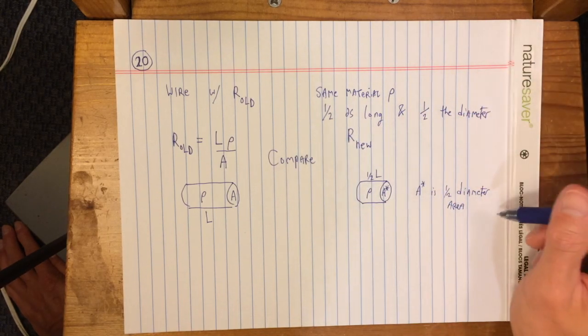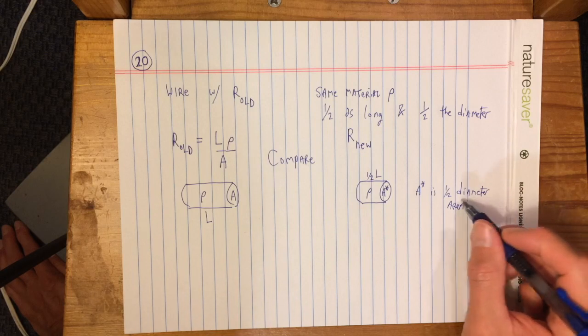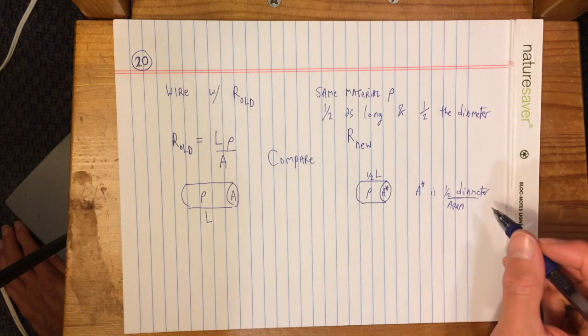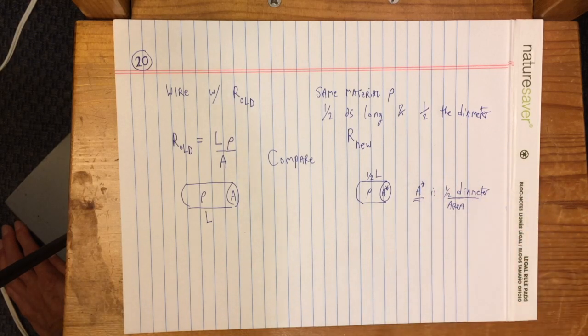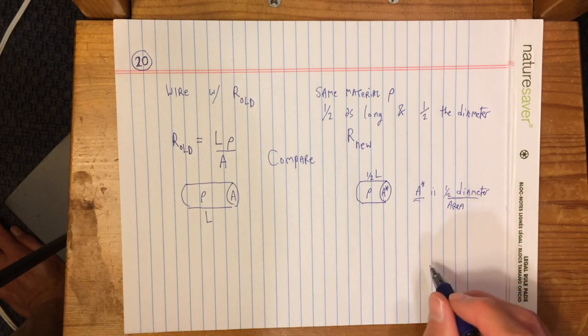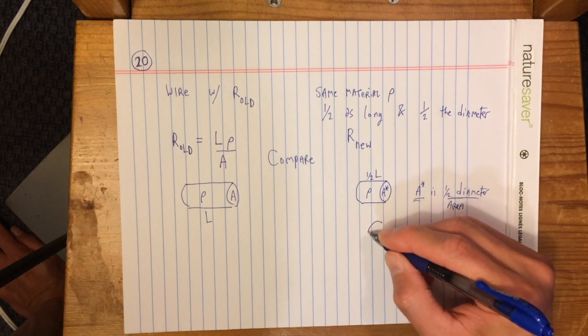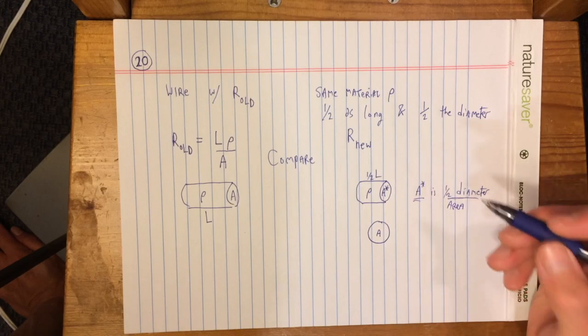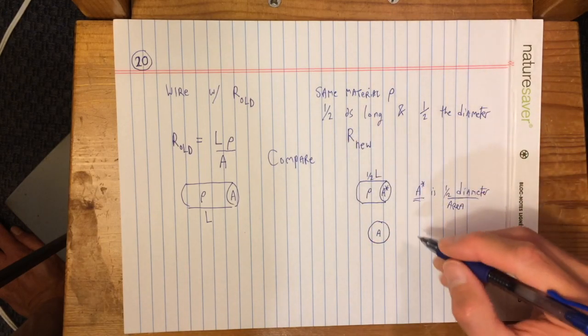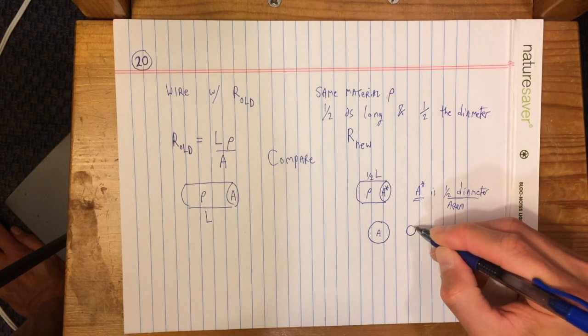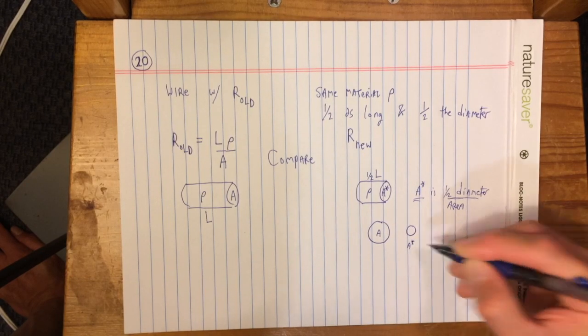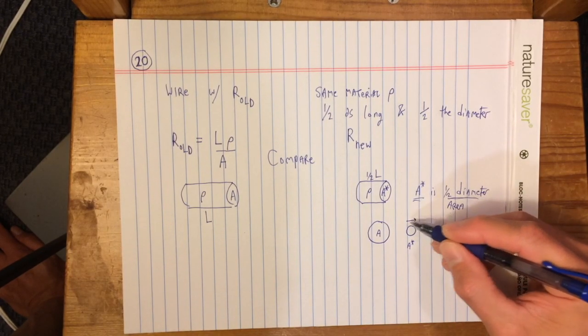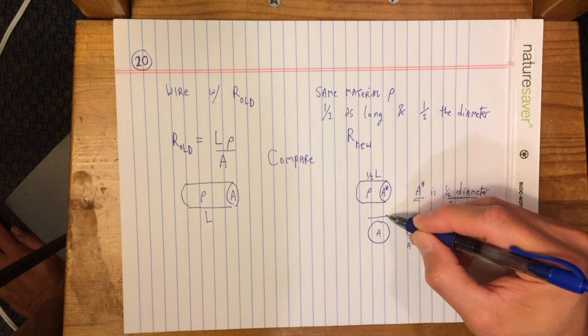So what we need to do is figure out what happens if you take half the diameter. That is, let's compare A star and A right now, because that needs to be our next step. So for comparison, let's say that this is A, and A star is half the diameter, so here is A star, because it's half this diameter.